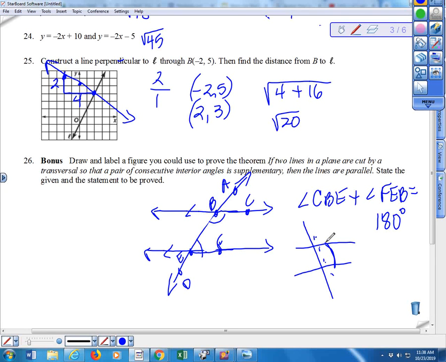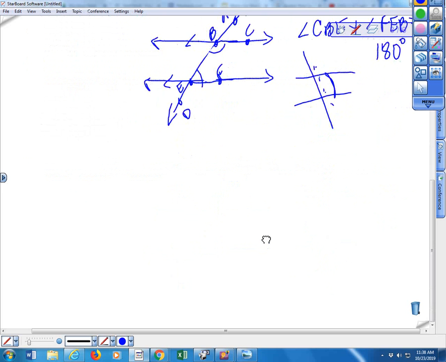Do we need to do another problem where maybe the two lines don't intersect at a coordinate? Why don't we try that? I'm going to give you a problem, see if you can do this. Okay, find the distance between these two lines.